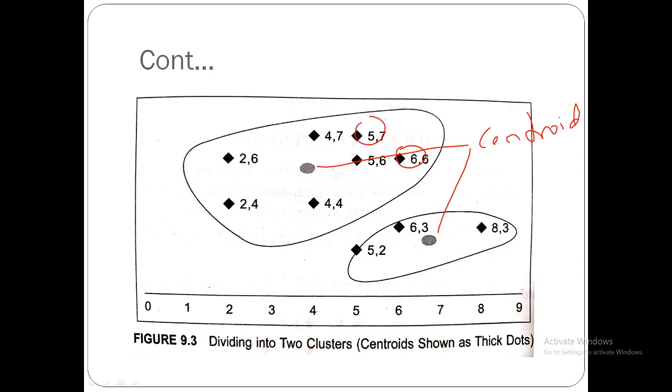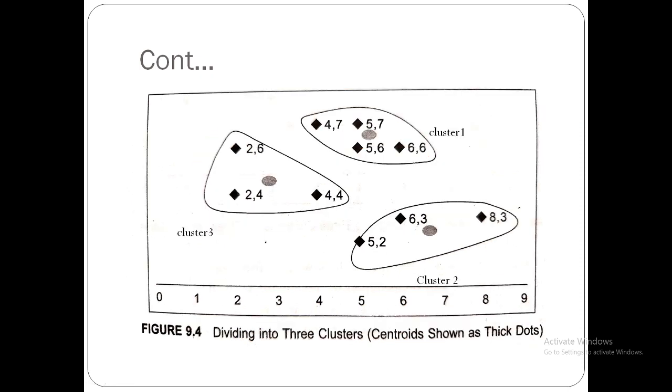These are far from each other. So what we have to do is break this into two clusters. Break this into another cluster. Under one cluster it is going to form. Here it is going to form one cluster.